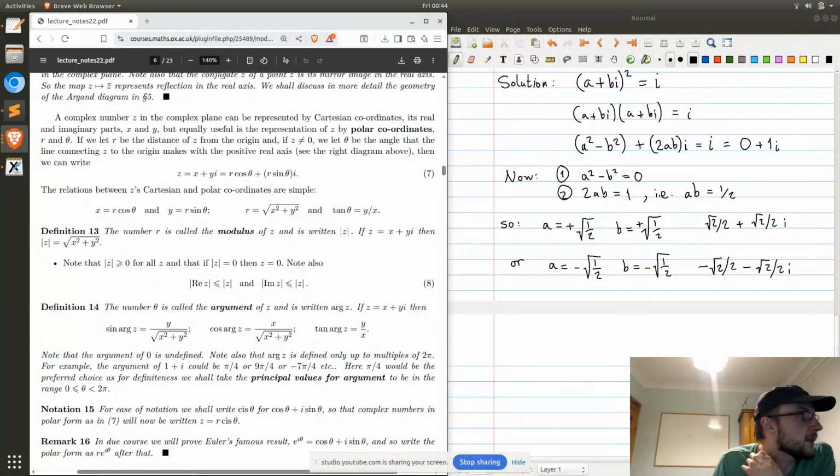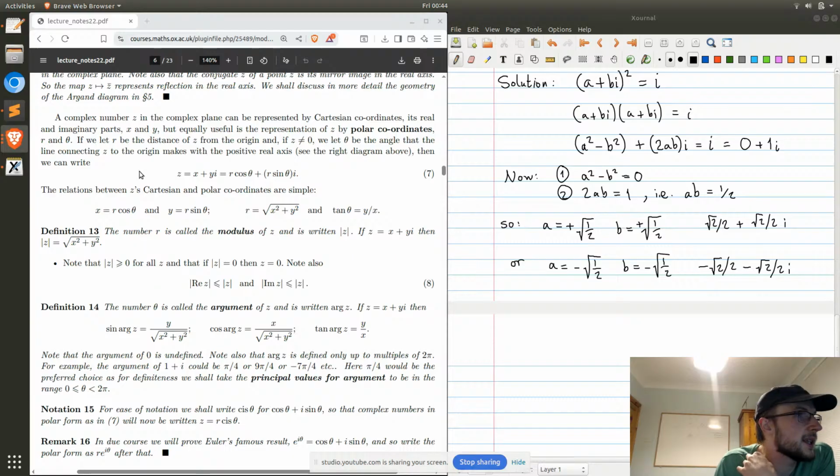So this is sort of like a translation from the Cartesian, or rather the rectangular version of the complex plane, to the polar version of the complex plane. And that makes total sense. The relations between z's Cartesian and polar coordinates are simple.